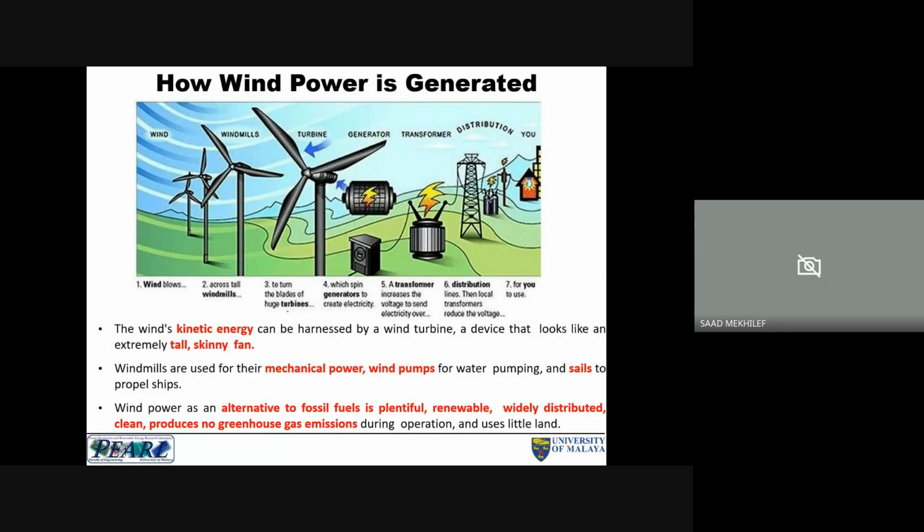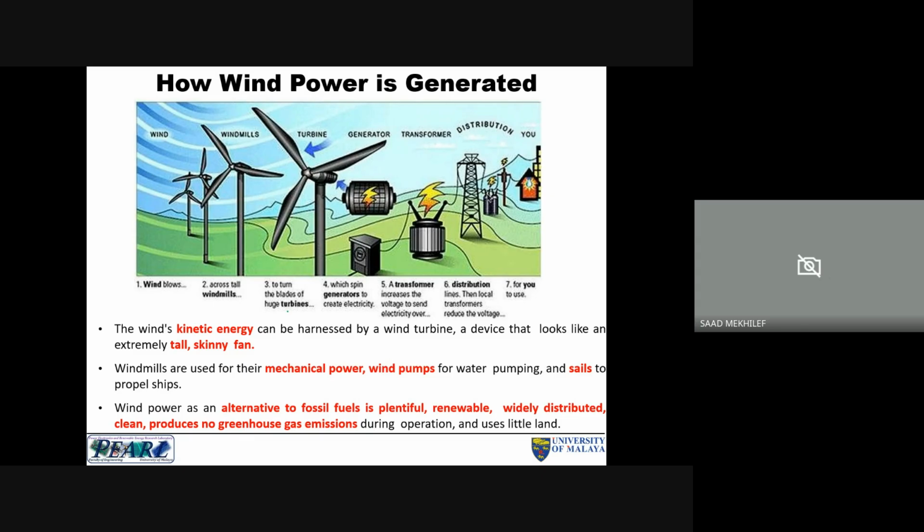Okay, and how do wind power generators work? Actually, it's converting the kinetic energy from the wind turbines and converting it into mechanical power.